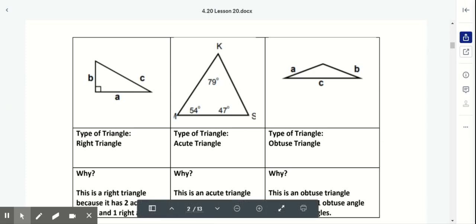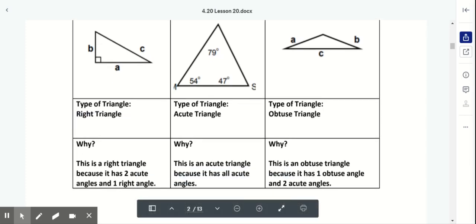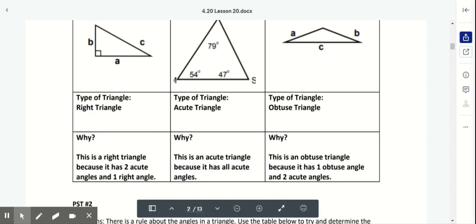So whenever there's a square in an angle, we know that it's 90 degrees and that it is a right angle. So this square is a right angle and we know this. This is a right triangle because it has two acute angles and one right angle, meaning that it has two angles that are smaller than 90 degrees, and then it has one angle that is 90 degrees.